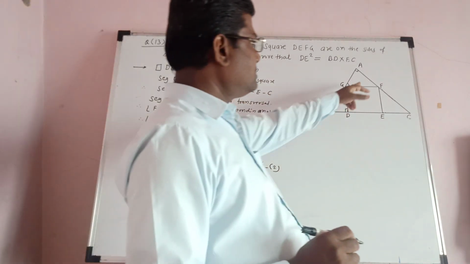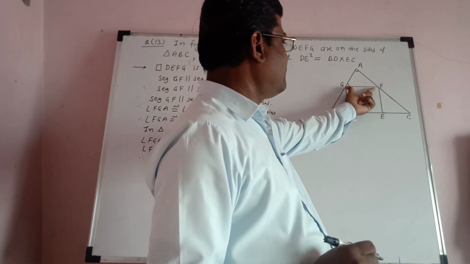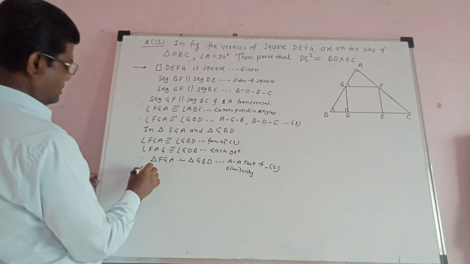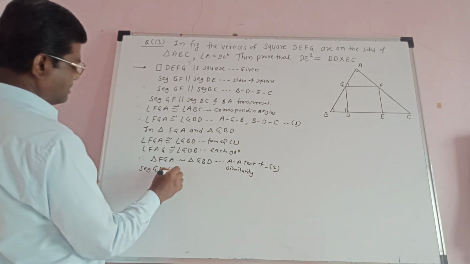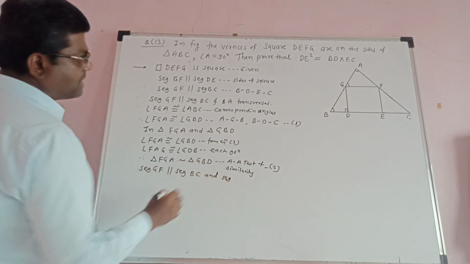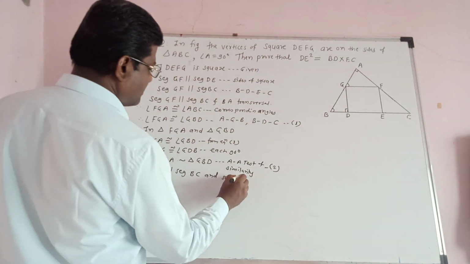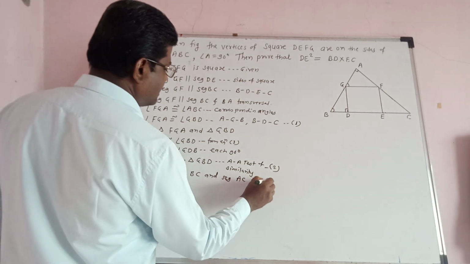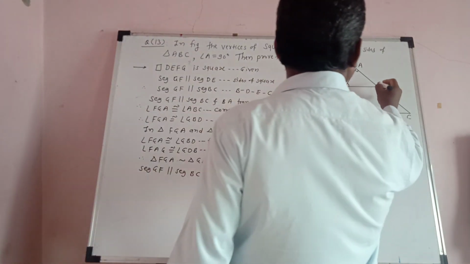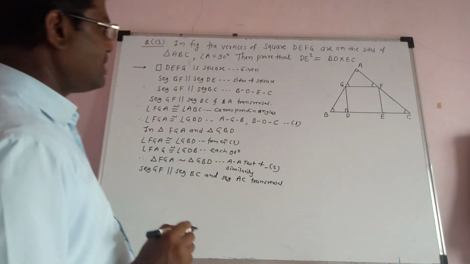Now consider these two triangles. In these triangles also, segment GF is parallel to segment BC and AC is a transversal. Therefore, these two angles are corresponding angles.